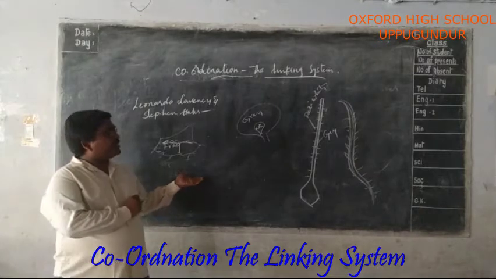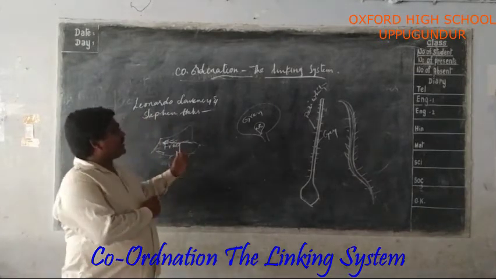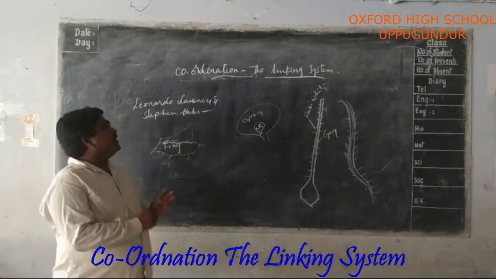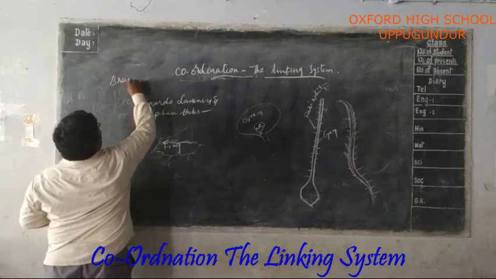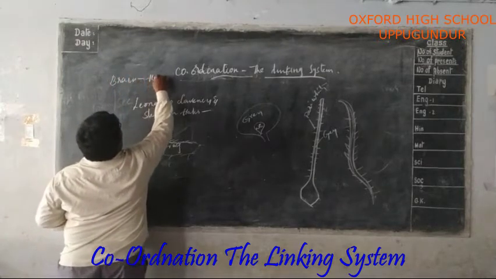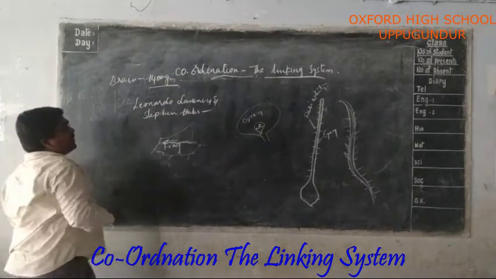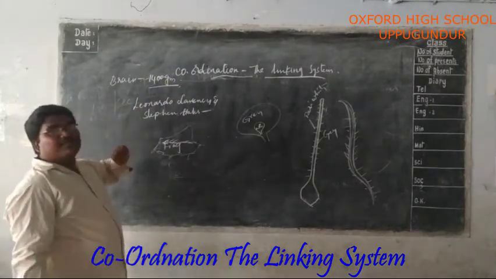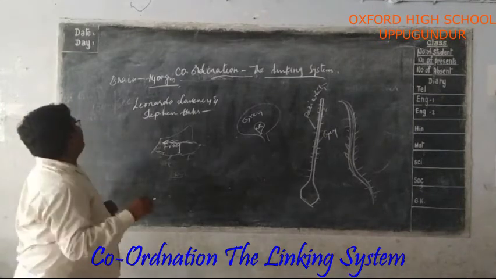Up to now, we discussed the different types of nerves, the central nervous system, the brain and spinal cord. The average weight of the brain is approximately 1400 grams in an adult.